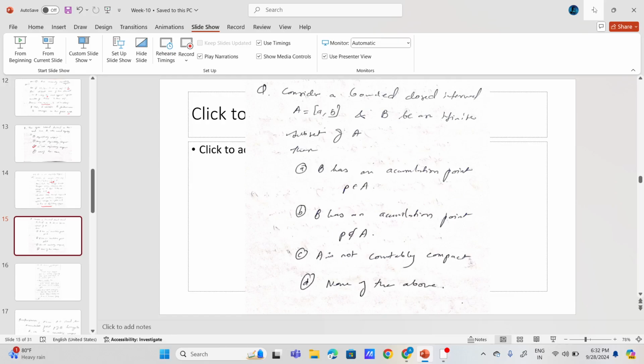Just think that A is bounded and it is a closed interval, and B is its infinite subset. So how can we prove that A is countably compact? What is the definition of countably compact?